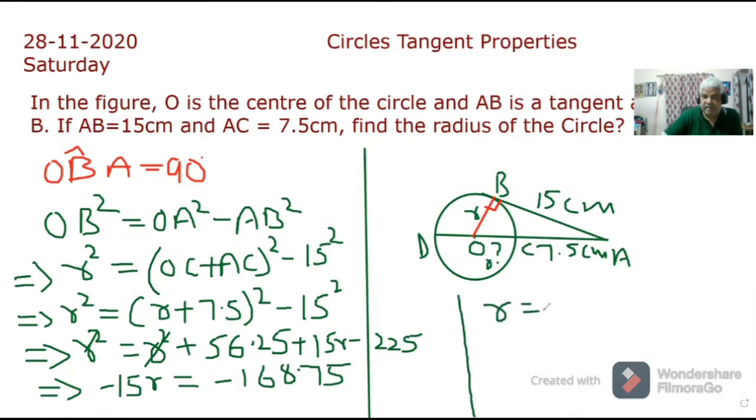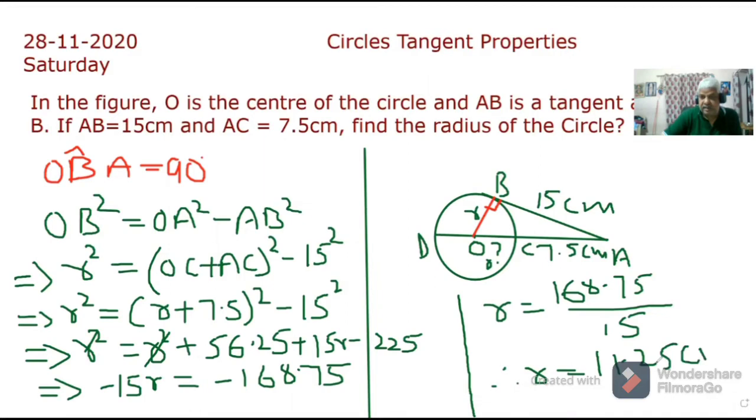R equals 168.75 divided by 15. Therefore, the radius of the circle you are finally getting is 11.25 centimeters, and this is your final answer.